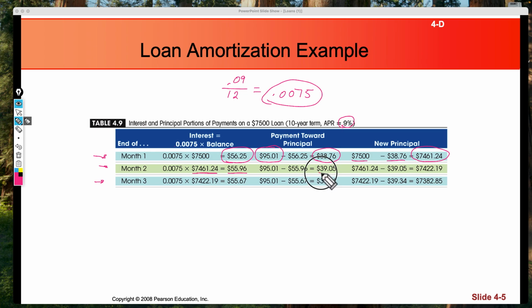But we're paying a little bit more to pay down the loan, and over time, that's how this is going to work. The amount of interest we're paying goes down, the amount that applies to the loan goes up over time, okay? And we will slowly pay off the loan.